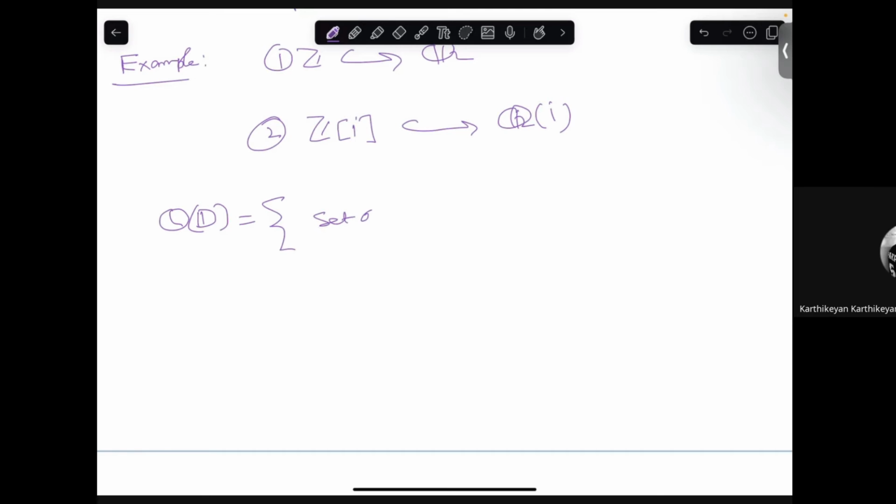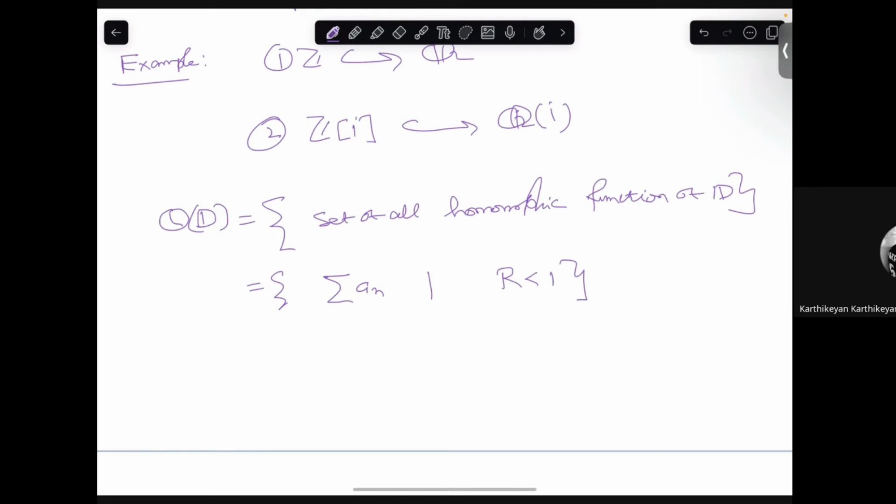The set of all holomorphic functions. Otherwise, it's very simple: all power series with radius of convergence less than 1. You collect all power series with the radius less than 1.